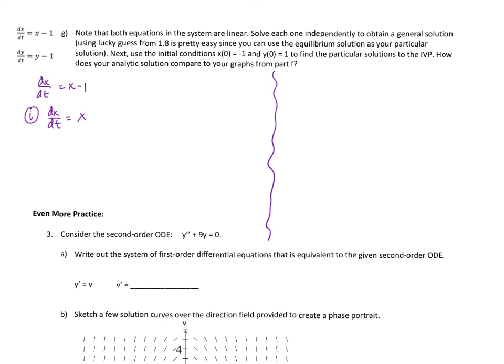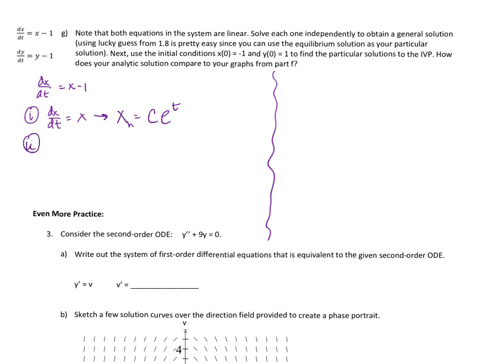We can solve this by separation of variables, or if you've done it enough times already, you probably recognize that the solution to this would be x equals c e^t. That's my x homogeneous.